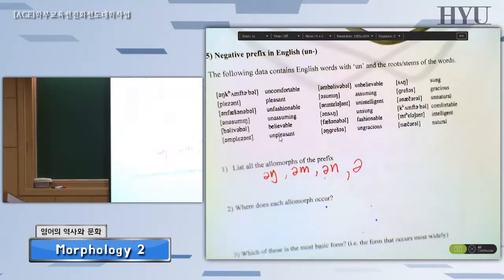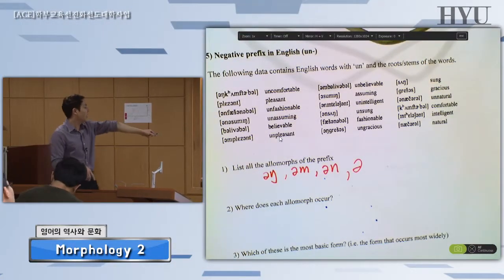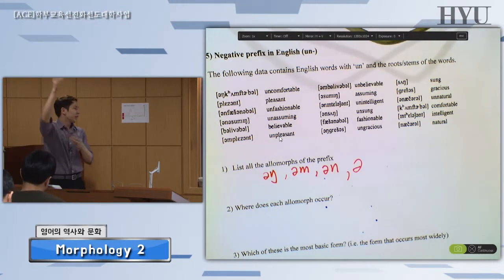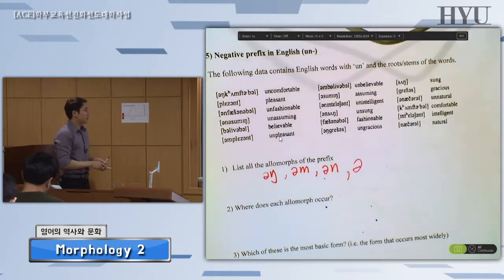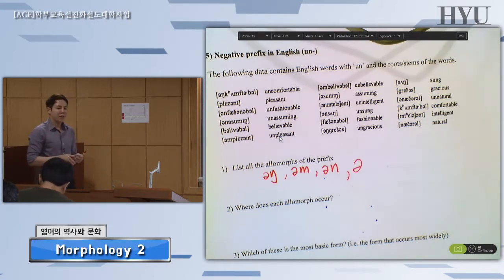Does anyone would like to guess where you find each allomorph? You can choose any allomorph and give me the answer. We have up to 4, so we can have 4 people. Where do you find each allomorph? Just list out the sound after it.